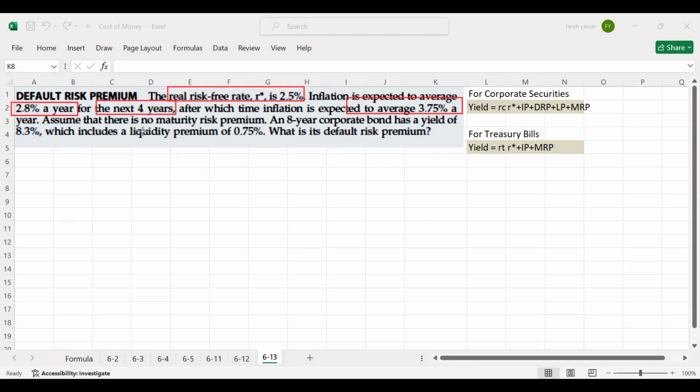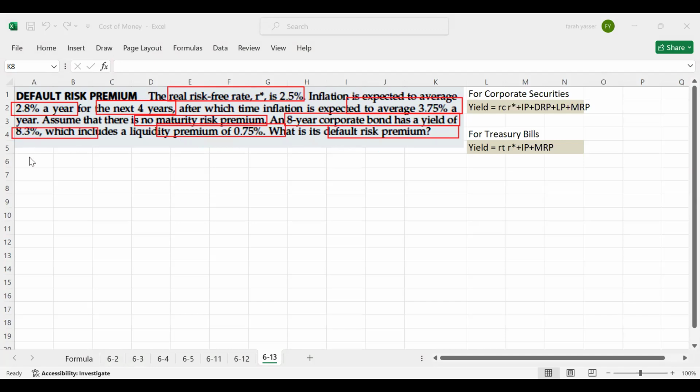So maturity risk premium is 0, and the 8-year corporate bond yield is given, and liquidity risk premium is given. What is required? Default risk premium is required.